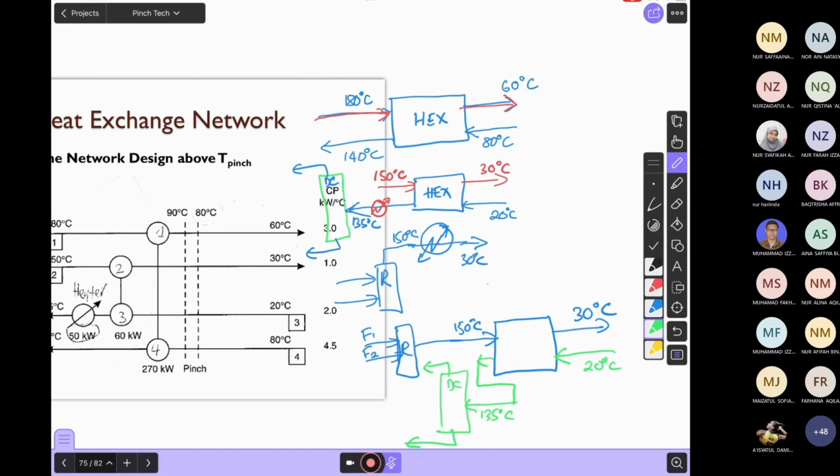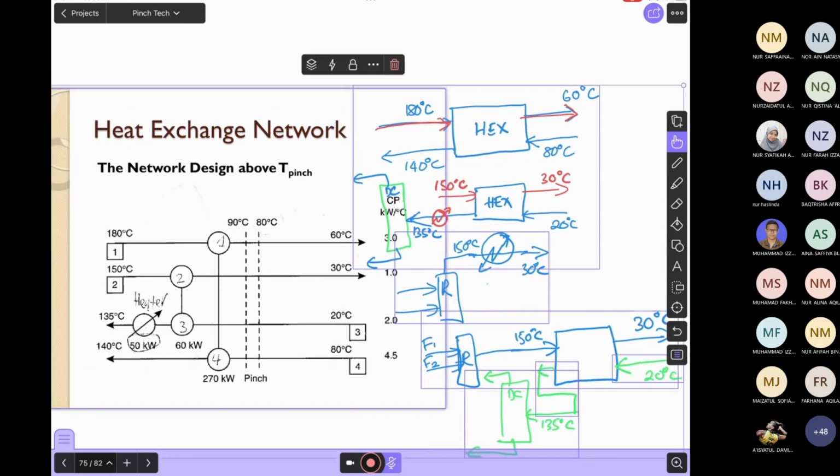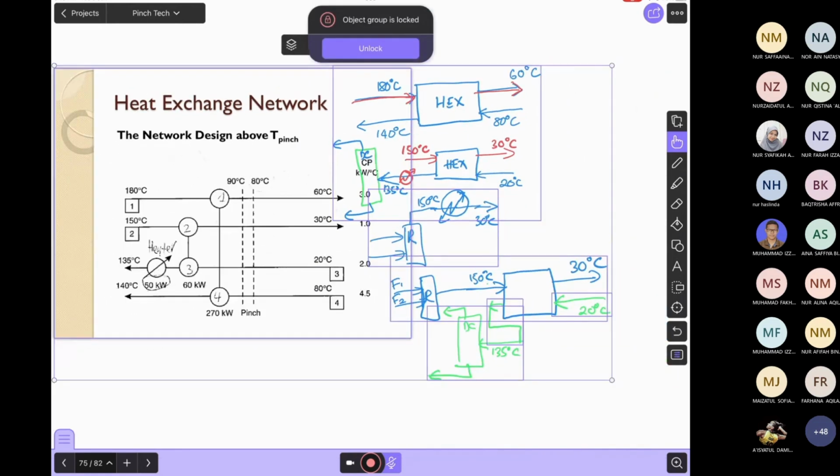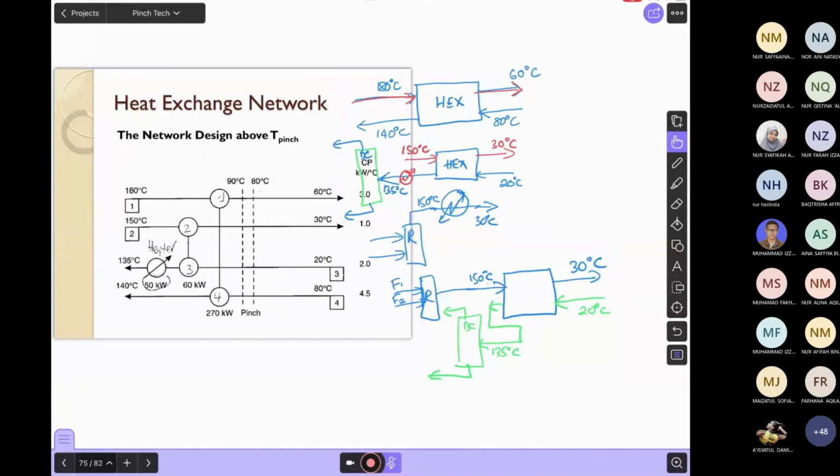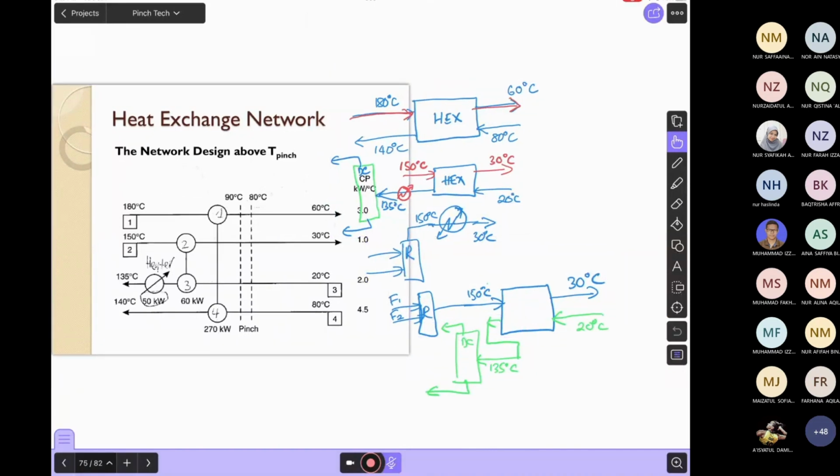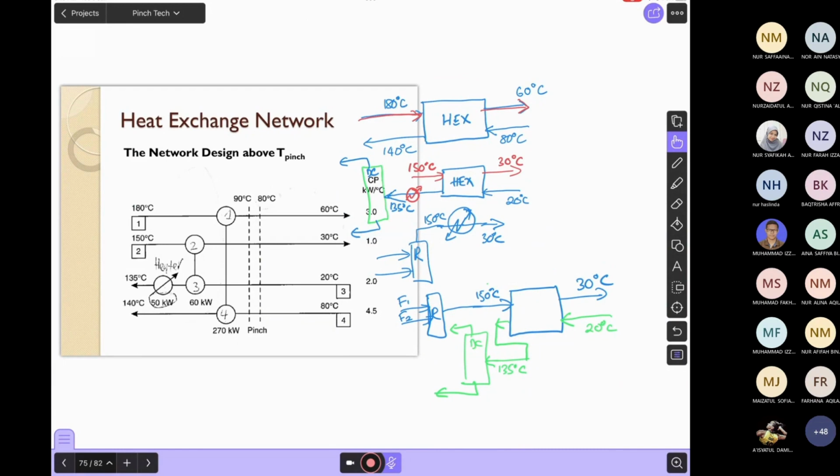Cukup ke nak terus 135? Kalau ikut gambar ni tak cukup. Ya, dia tak cukup. Okay, kenapa tak cukup? Sebab kalau ikut gambar ni, you perlukan heater sebanyak 50 kW lagi. Okay, sebanyak 50 kW sahaja. Alright. So tadi Coldstream perlukan 230 kan? Tadi 230.